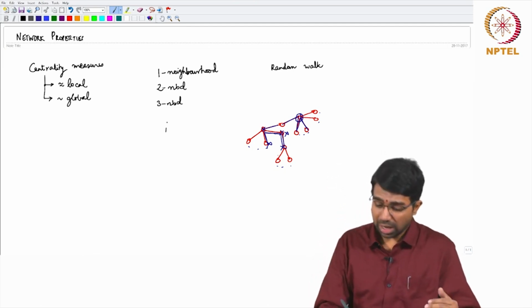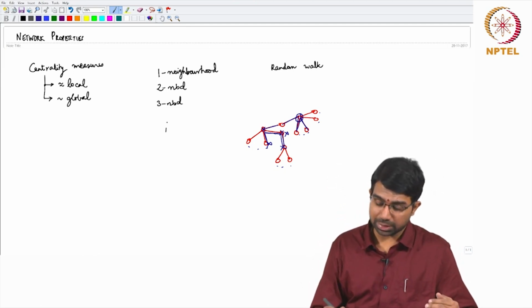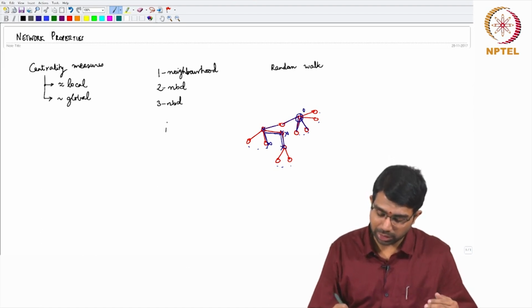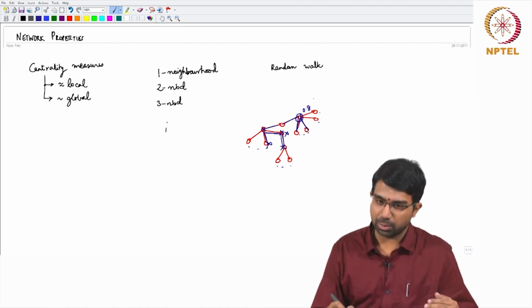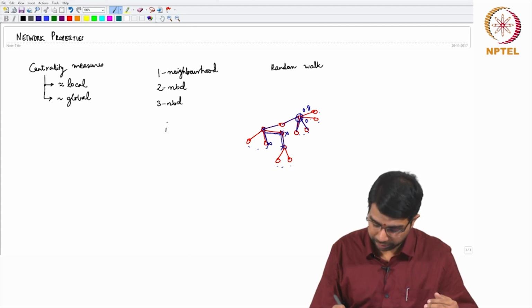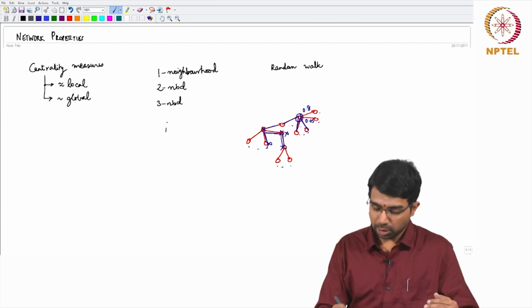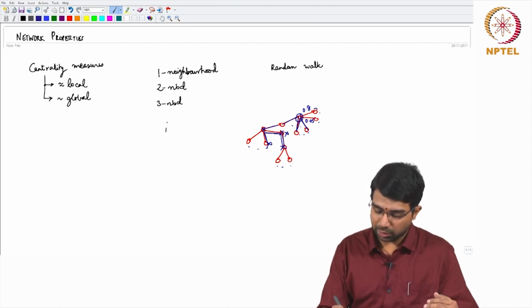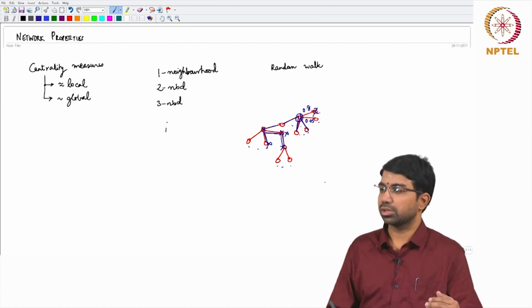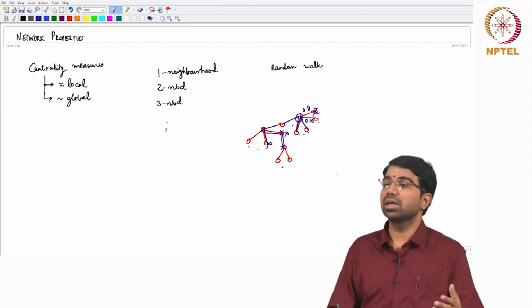Does that make sense? And let us say, suppose you had uneven probabilities, let us say you had a 0.8 probability of taking this edge versus a 0.05 probability of taking this edge and so on, right. So, you will find that if you start here, you are very likely going to be here in the next iteration, right. So, this is a plain random walk.